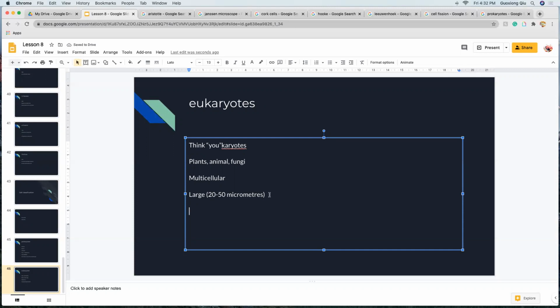Eukaryotes reproduce through sexual reproduction. So basically, as you know, they have sex. Humans have sex, animals have sex. Plants have sex, but like not sex. Some plants are asexual, but plants do reproduce through pollen.